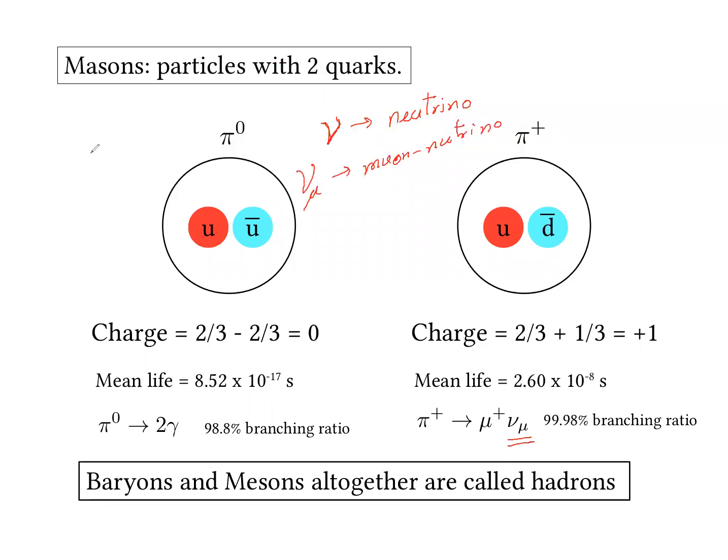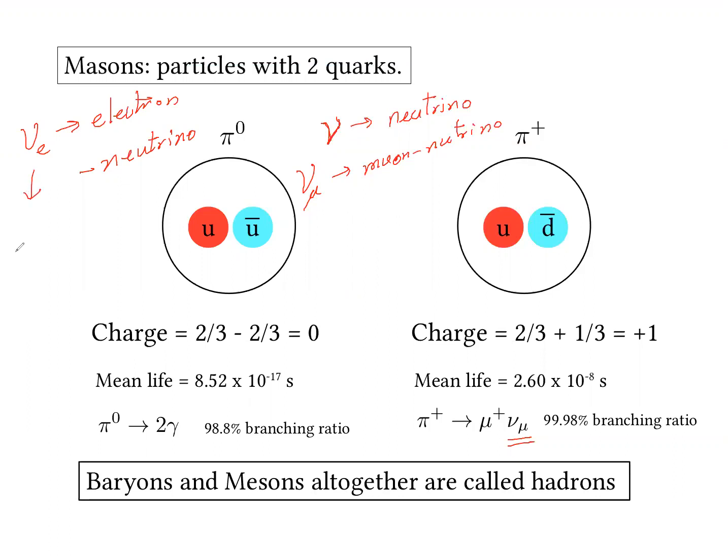Similarly, the electron has its own neutrino. Whenever some reaction happens that produces an electron, the electron neutrino has to come with it. So this is called the electron neutrino, and this is the muon neutrino.